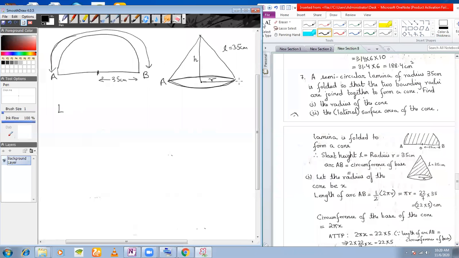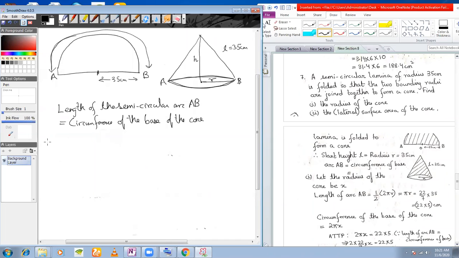The length of the semicircular arc AB must be equal to the circumference of the base of the cone.